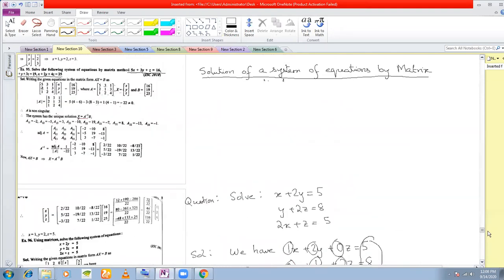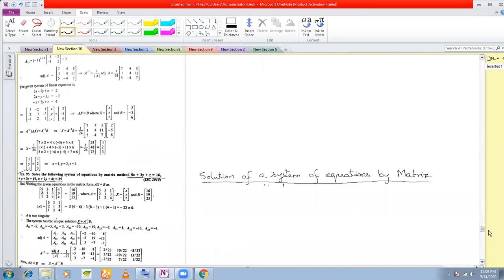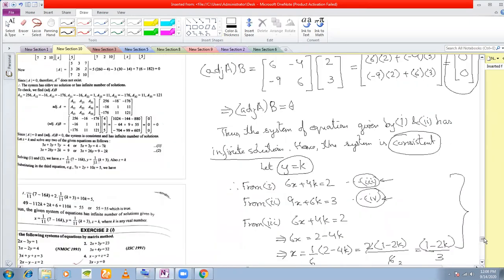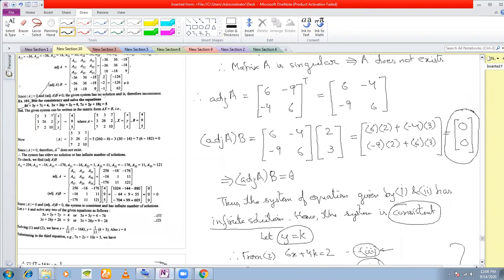I think that kind of problem is not there. But anyway, you understand, right? That if we had got a non-null matrix here, adjoint of A into B, then we would simply have said that the system has no solution. Instead of infinite solutions, we would have written system has no solution and the system is inconsistent. And therefore, we would have stopped here.